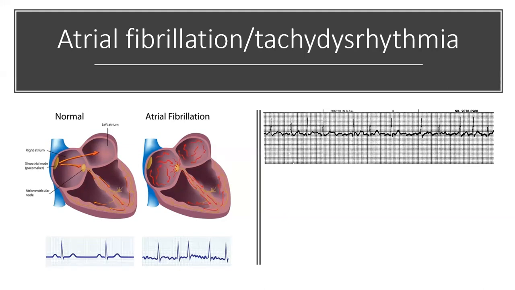QRS shape and duration usually normal, but it may be abnormal. P wave: no discernible P waves, and PR intervals cannot be measured. You can't actually see these P waves; they're just all over the place here. QRS ratio, many to 1.